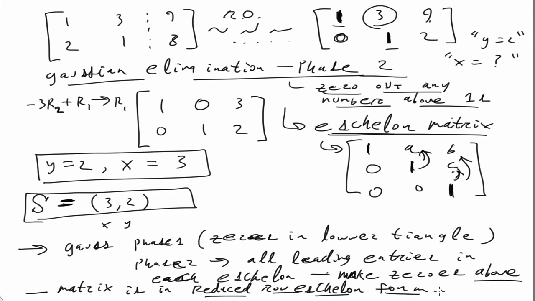We'll see more examples of what this form is, and sometimes we'll call it by the simple acronym RREF, reduced row echelon form. We'll talk about that in later videos more. But that is the procedure to put a matrix in reduced row echelon form, using this Gaussian elimination. And elimination means, of course, using row operations to create zeros in the matrix. That simplifies the matrix so you can expose the solution. Thank you very much.